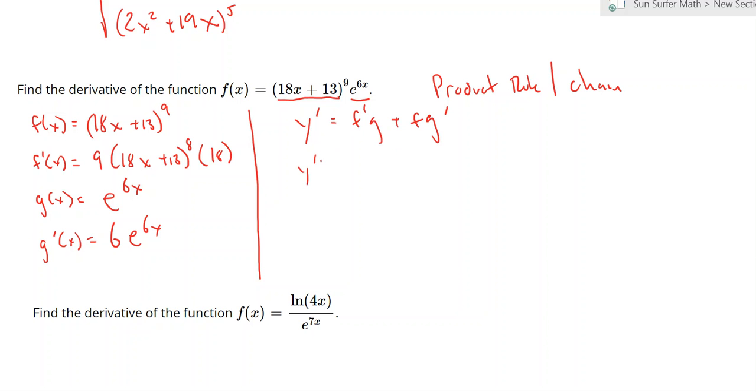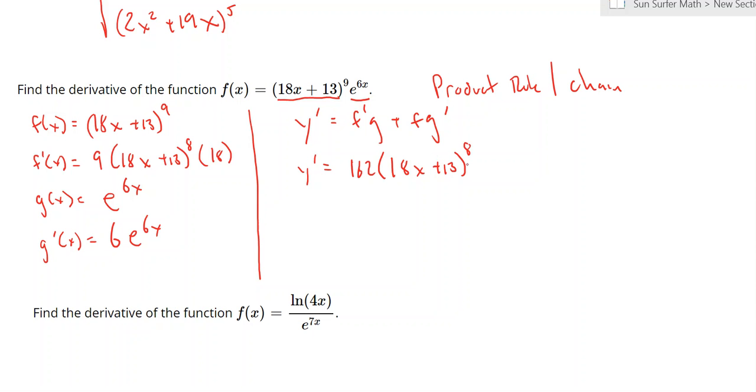So the derivative would be f prime, which is going to be 9 times 18, which is 162, times this 18x plus 13 to the 8th power.